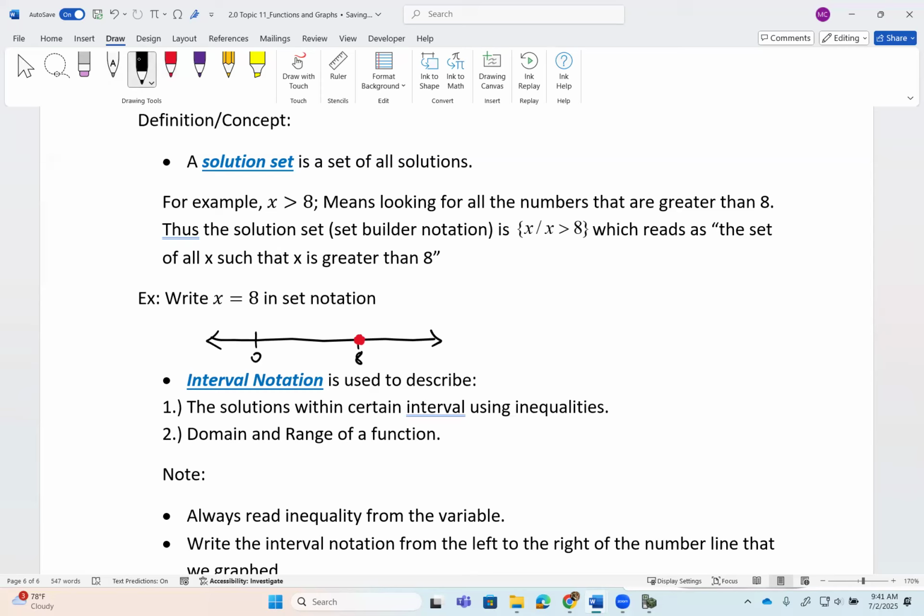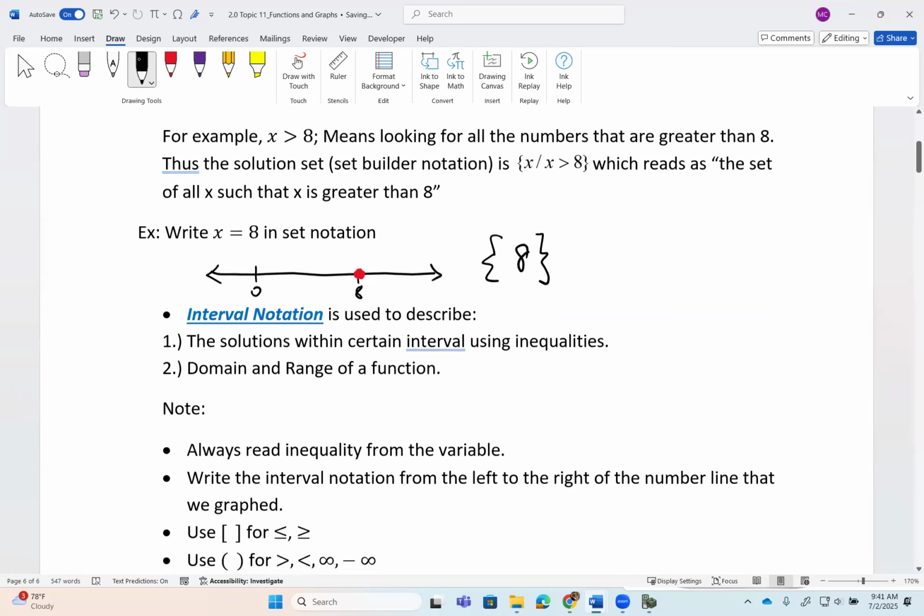When we write a single answer like x equal to 8 in set notation, we would simply put 8 inside the brace. That would be a set of all x such that x equal to 8. It's only one answer, so I just write 8. This is a shorthand way to write our answer inside the set notation.